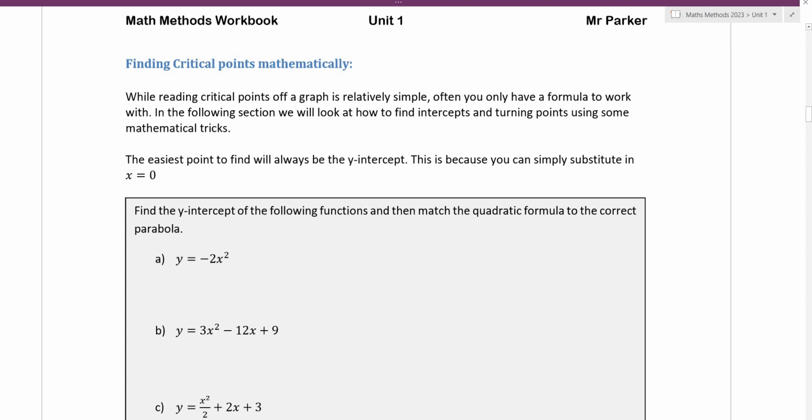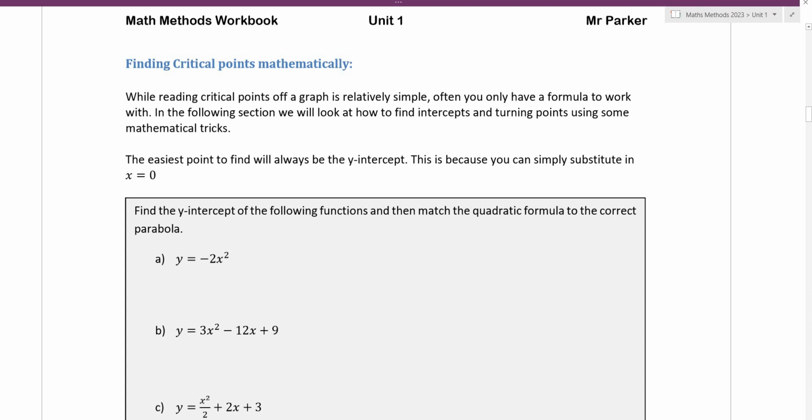Some trickery. Easiest point is always the y-intercept. This is because you can simply substitute in x equals 0. Why would we sub in x equals 0 to find the y-intercept? Yeah, because the y-intercept always happens where x equals 0, because along the y-axis, what's x equal to? 0.